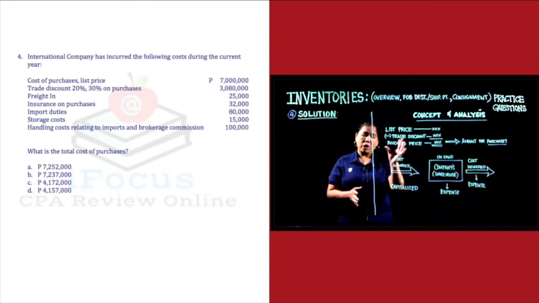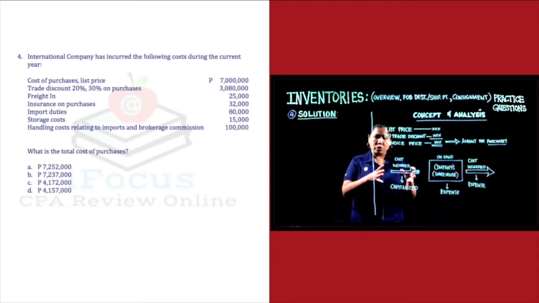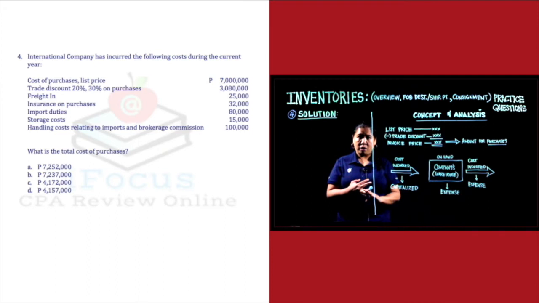Now, aside from the invoice price, which is the cost of our purchases, yung mga cost na mai-incur o magagastos ng company to bring these goods into the company's warehouse, lahat po yun ay ika-capitalize sa cost ng goods. For example, freight in o delivery charge ng carrier, mga handling cost, insurance na binili mo para kapag may nangyari sa goods in transit, meron kang makiklaim sa insurance. Meron pampalit.